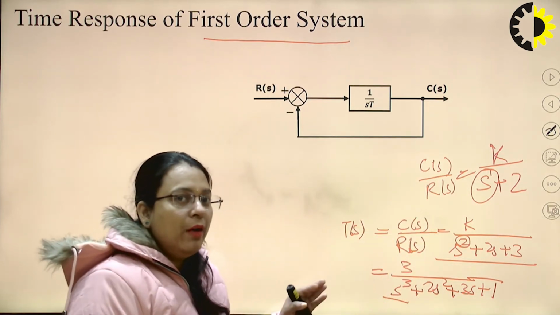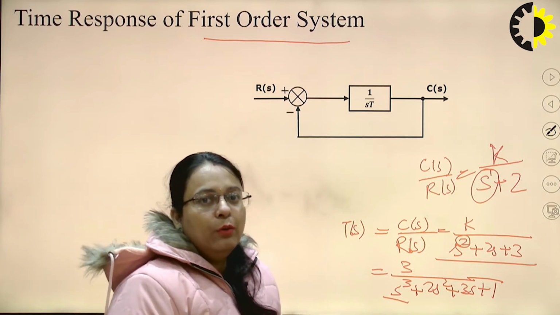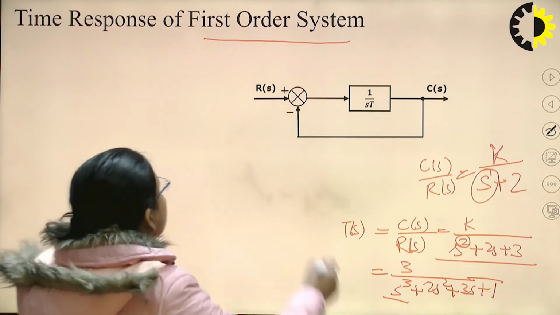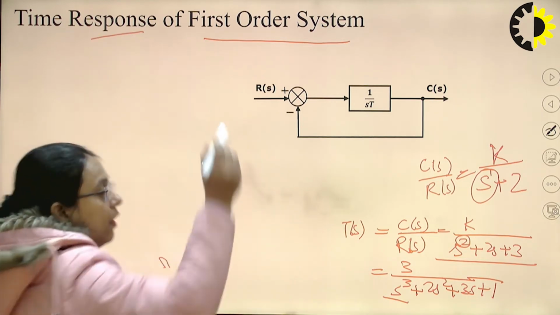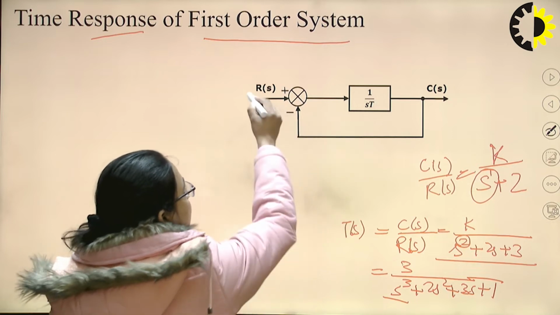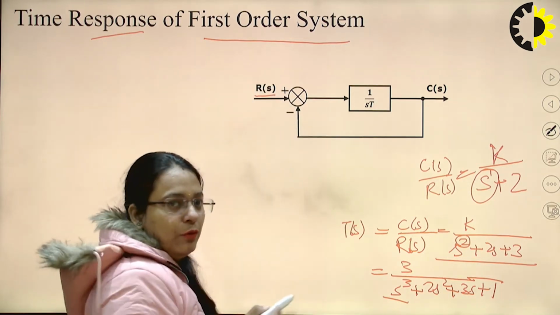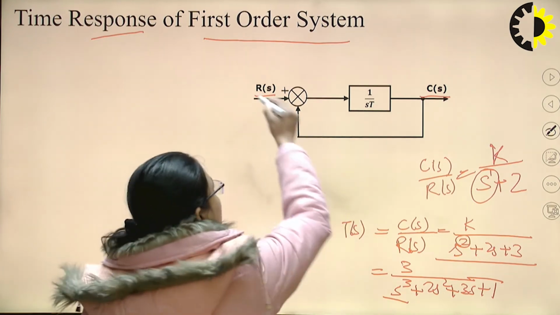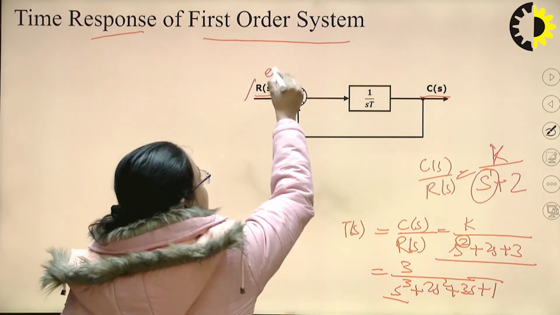Now what do we have to find out here? We have to find out the time response of a control system. Time response means the output of the system. For this system you can see R(s) is the input of the system and C(s) is the output of the system, and input can also be called the excitation.